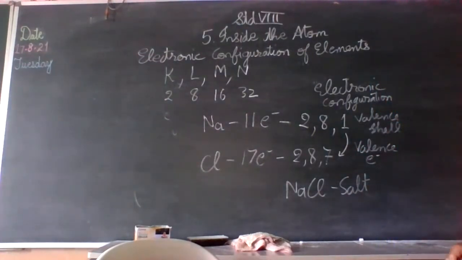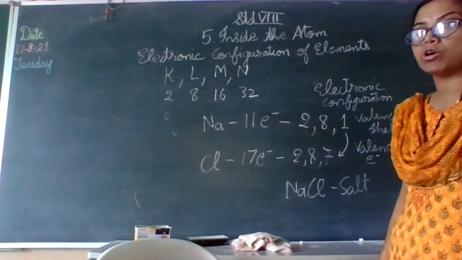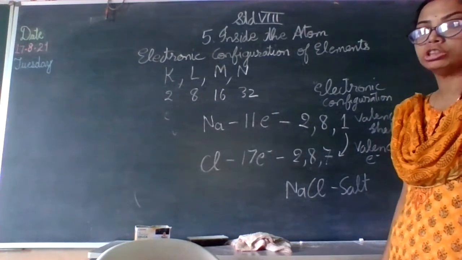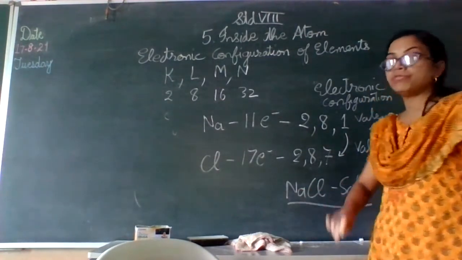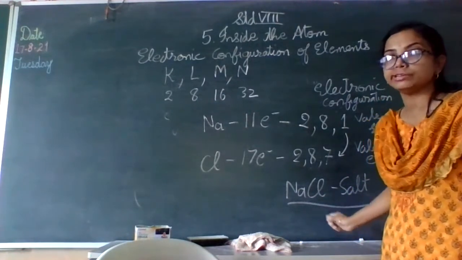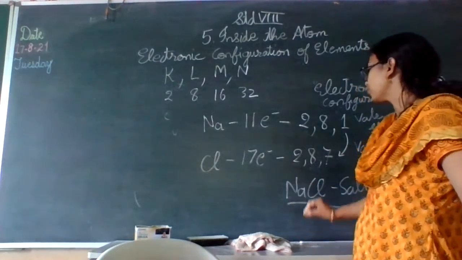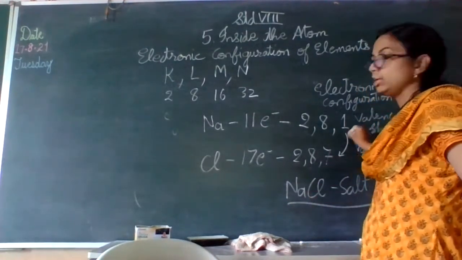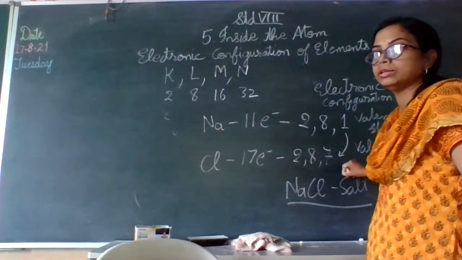Whatever you eat daily, you put salt in the vegetables and eat, without that you cannot eat your things. So sodium chloride is the formula of your common salt that you eat daily. And here, how is this compound formed? Sodium is ready to give 1 electron and chlorine is ready to accept 1 electron.